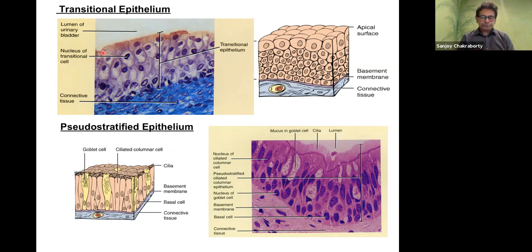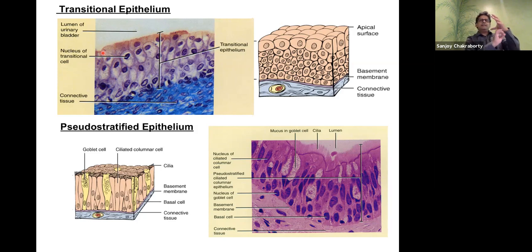Transitional epithelia are found in specialized organs such as the urinary bladder. I'll give you an example first to understand it. The urinary bladder collects urine. Your kidney is continuously producing urine, and the urinary bladder collects it temporarily, and then you can excrete it from the body. Now, if the bladder is empty, say you just came back from a restroom, and then as you collect urine, the bladder is distended.